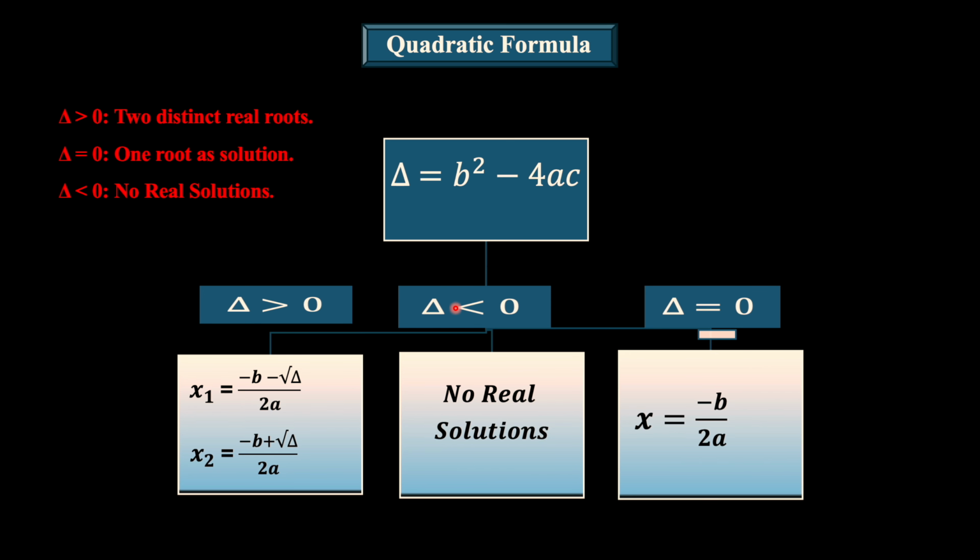Otherwise, if delta is smaller than 0, meaning it is negative, you will just directly say no real solutions and you stop there. Finally, if delta is equal to 0, this means you have only one solution and you just apply this formula. You say x is equal to minus b over 2 multiplied by a. Okay?